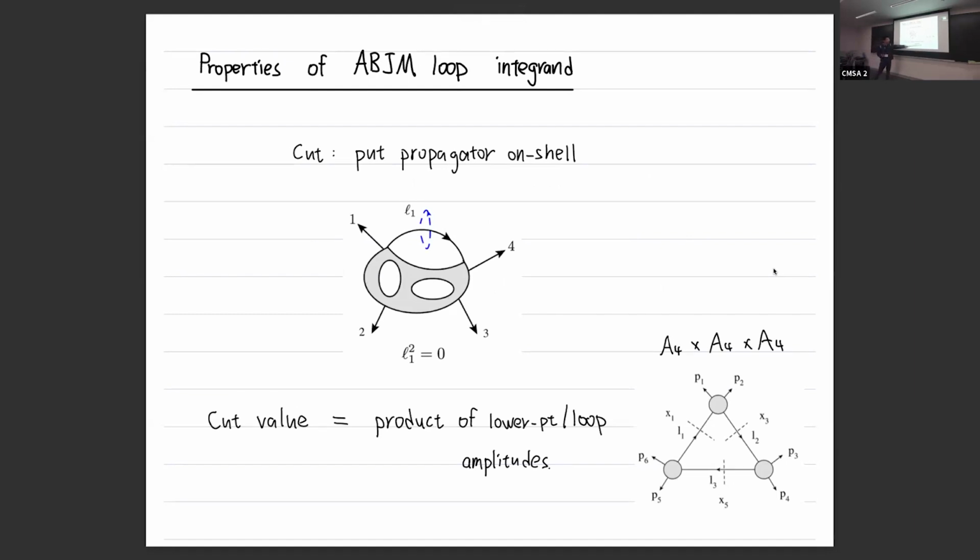Like this triangle graph, if we cut the 3 cuts to become the 3 four-point amplitudes, its cut value will be related to this product of 4-point amplitudes. So from the mathematician's point of view, this condition means that the ABJM loop amplitude is consistently factorized by itself.